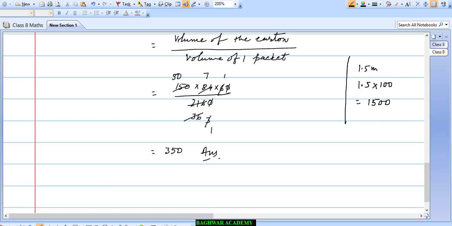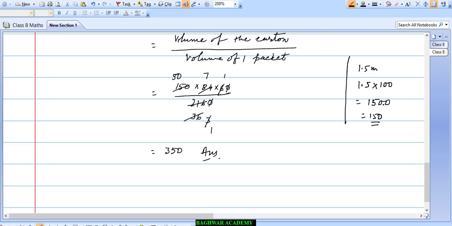After the decimal we have one digit, so we put the decimal here. Finally we get 150. So 150, 84 and 60 are written, divided by the volume of one packet, 2160, which is required to be written.